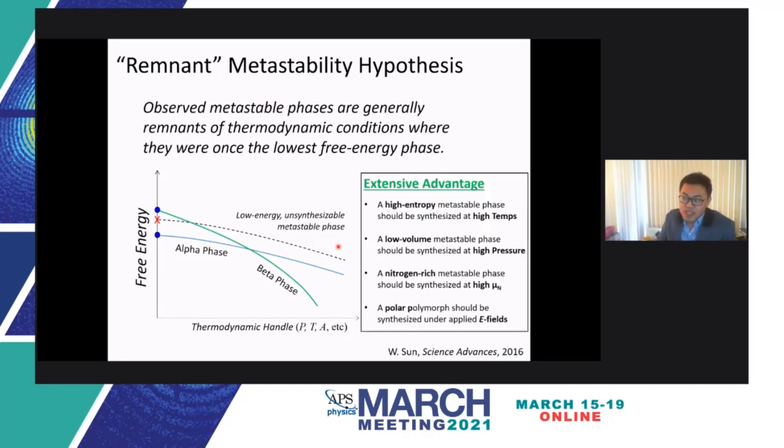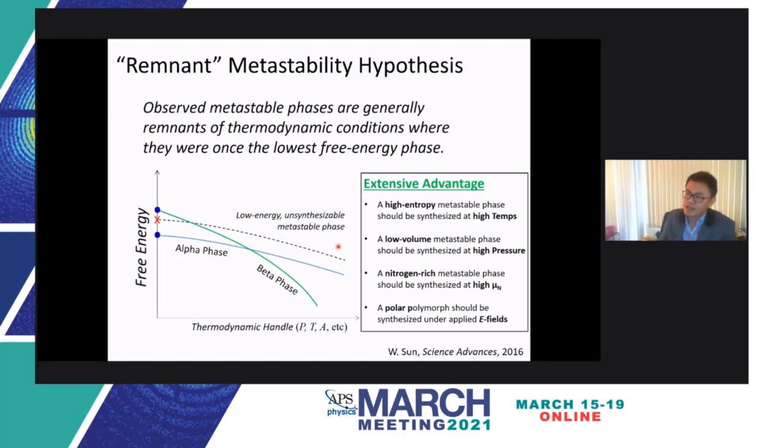And if you believe in remnant metastability, then this actually gives you a design parameter for synthesis. We should specifically target materials that are stabilized by what we call the extensive advantage. The extensive advantage being, if you want to synthesize, for example, a high entropy phase, which is the highest entropy material, you should use high temperatures, right?